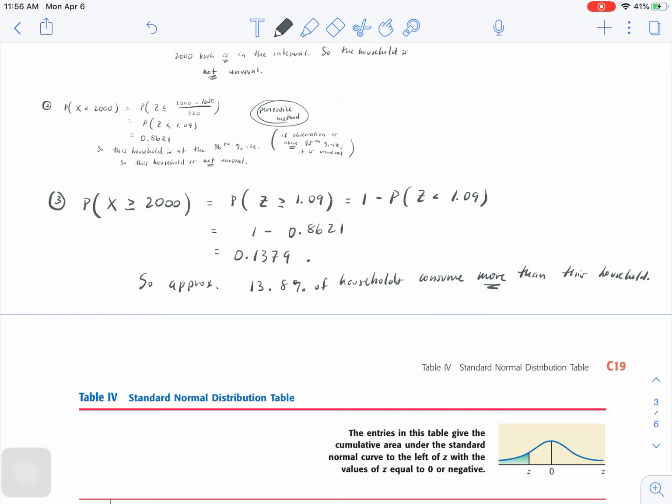That's still a fairly large percentage. As long as it's greater than about 5%, we say that the household's not unusual. So this household is not unusual.